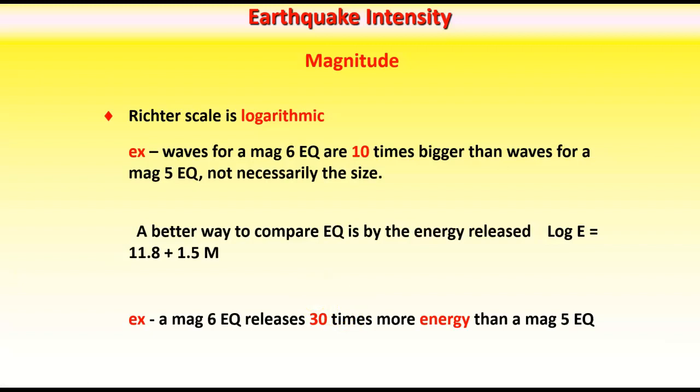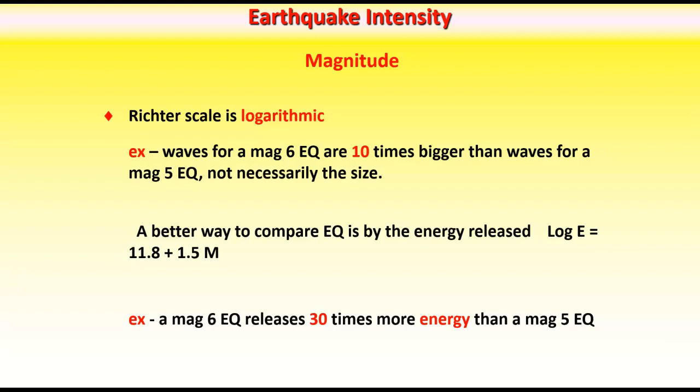So when we look at energy released during an earthquake and we're measuring that with our magnitude scale that's logarithmic, there's a 30 times energy release between one whole number. So think about that. If we have a 5 and then a 6, the difference is 30 times more energy. But what about the difference between a 5 and a 7?